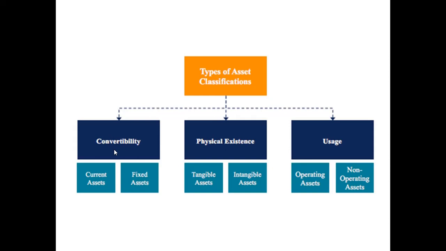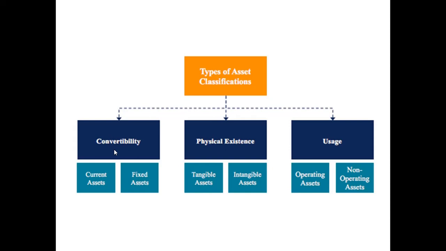Now, current assets are those assets of which the benefit can be obtained within the accounting period, within the operating cycle of a business, that is 12 months.